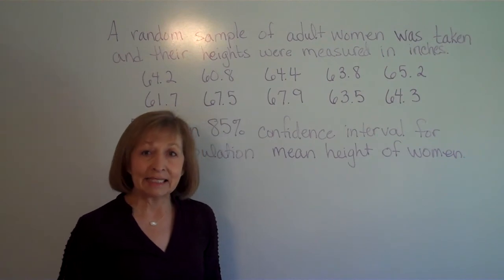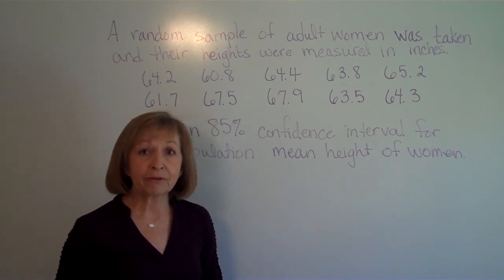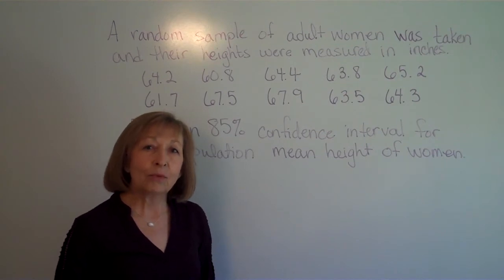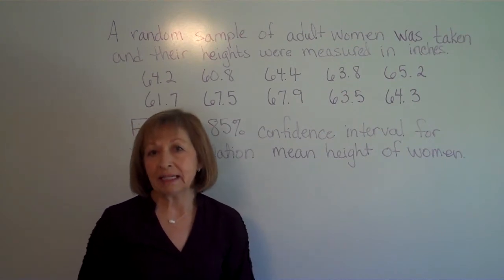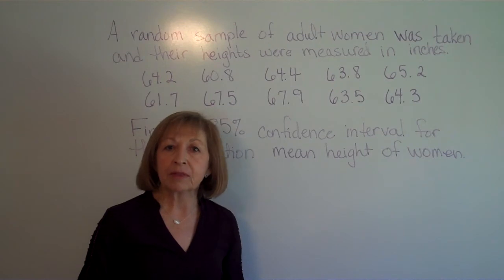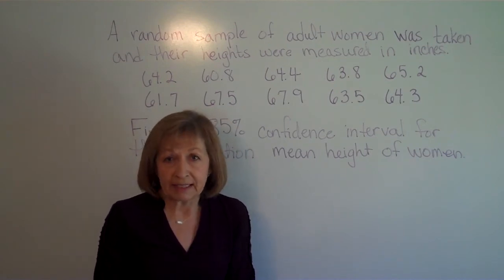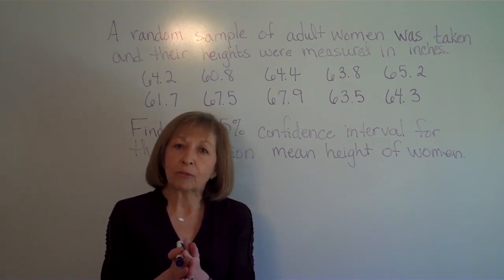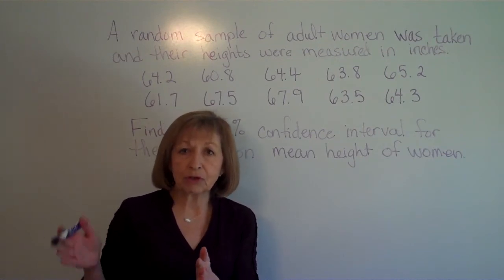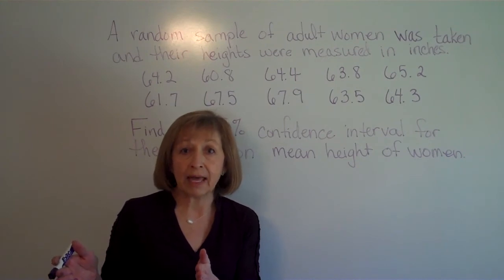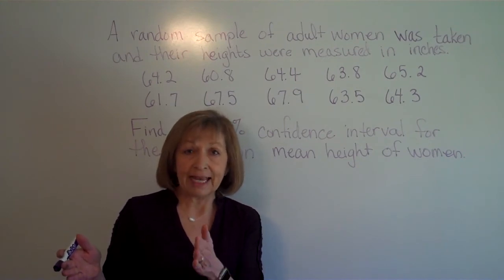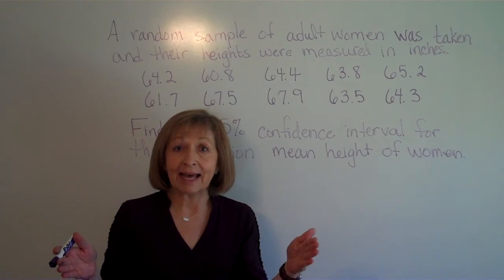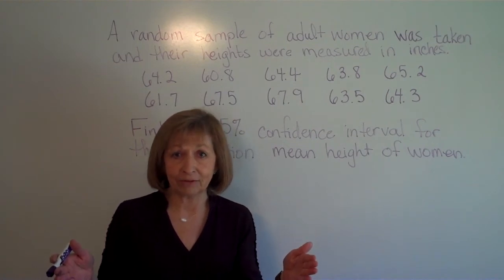When we want to estimate a population parameter from samples that we take, with both the population mean estimation and later with a population proportion estimation, we first get a point estimate, and then from that point estimate we take our margin of error and we subtract the margin of error to get the low end of the confidence interval and add the margin of error to get the high end of the confidence interval.